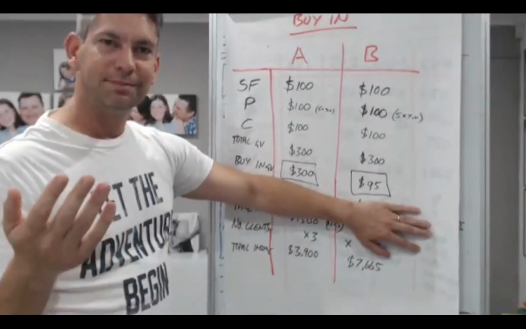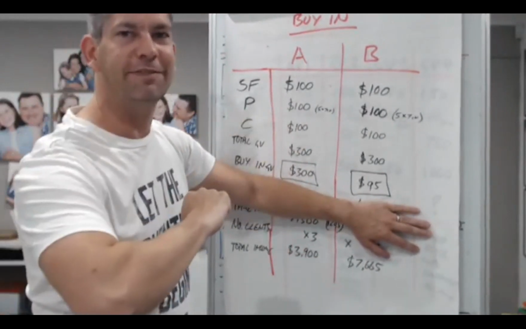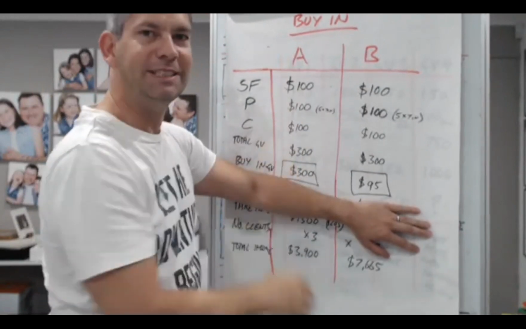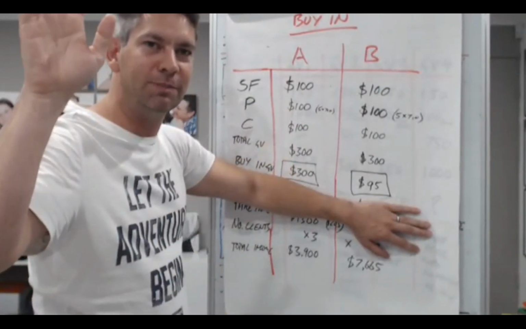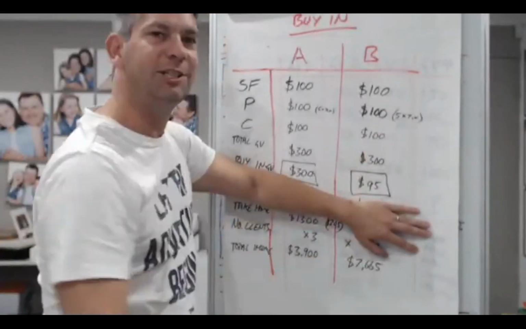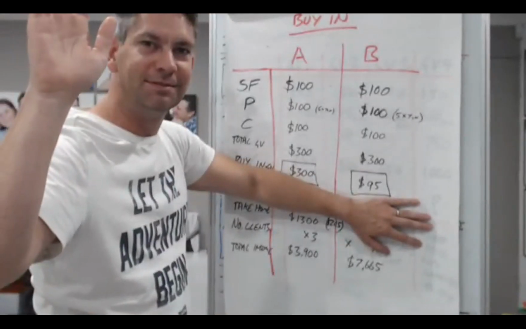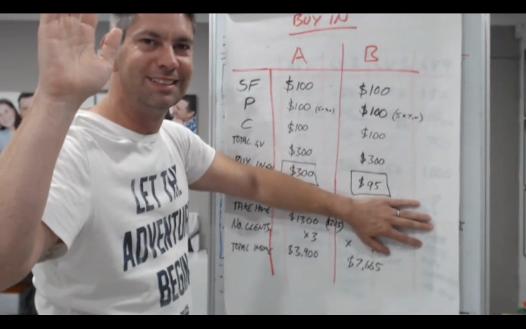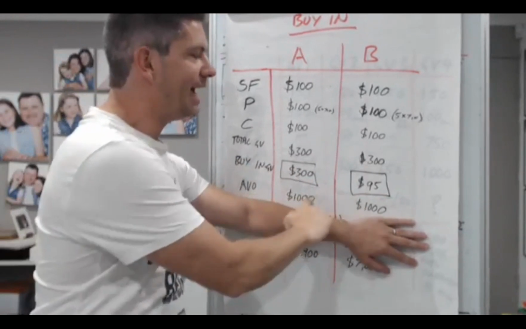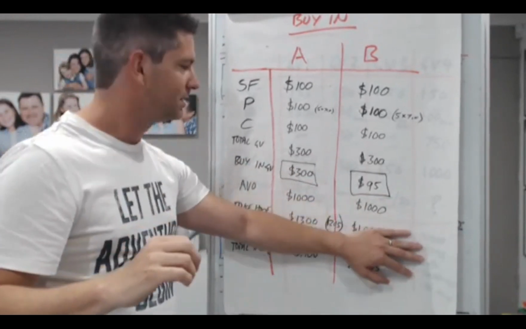Out of all the photographers here, who would choose photographer A? Put your hand up if you choose photographer A. Who wants to pay $300? Okay, put your hand up if you want to choose photographer B. Yep, awesome. Now, can you see that the average is the same amount?